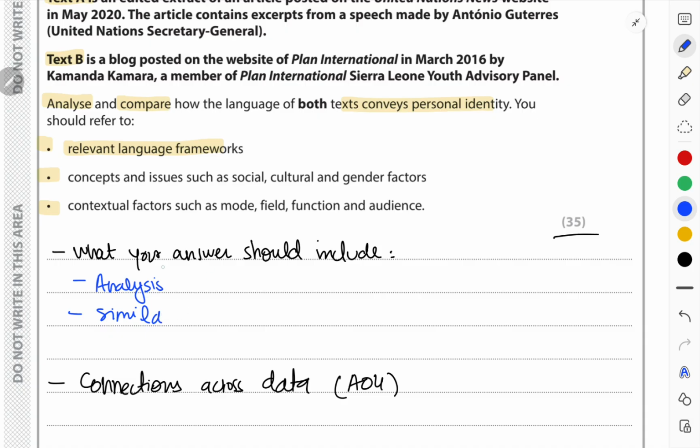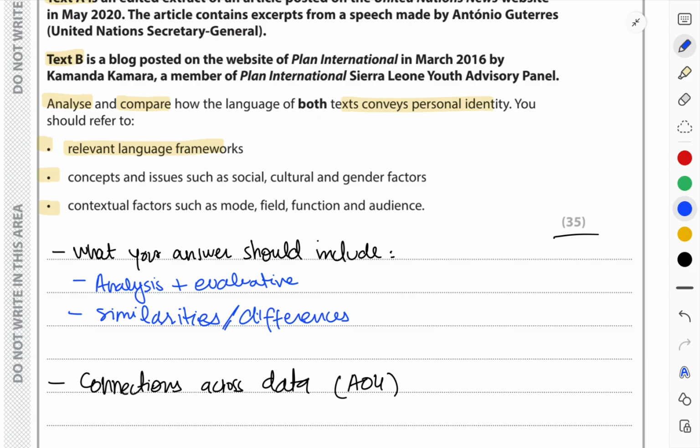So you want to have similarities and differences in your answer. And the way you're constructing your answer should not be descriptive but evaluative. You need to critique how the two texts are different from each other or how they're similar to each other.